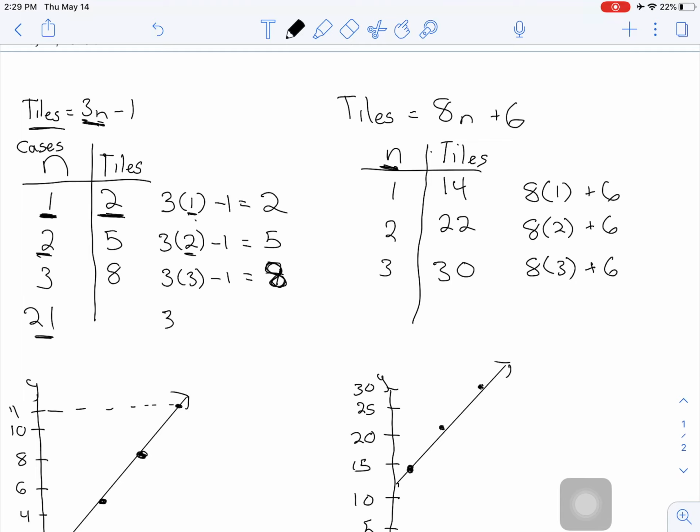Well, you could do this by just putting 21 in. 3 times 21, minus 1. 3 times 21, well, that's 63, minus 1. So our answer is 62. There. So you could find any case using this.